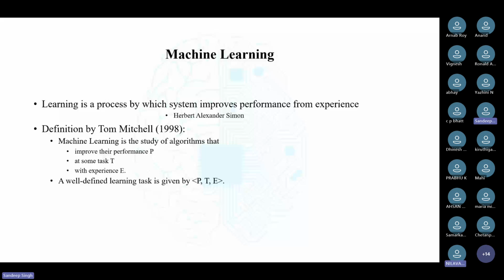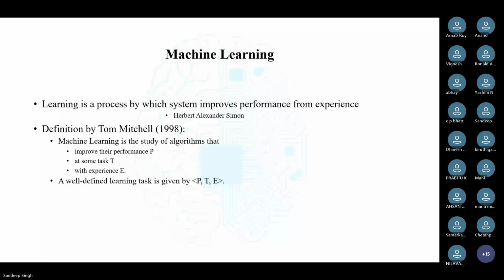There are many different definitions of machine learning. In simple language, it is a learning process in which a system improves its performance from past experience. We keep feeding the data and keep training the model, so based on what was achieved in the previous iteration, it keeps increasing its performance for some specific task.